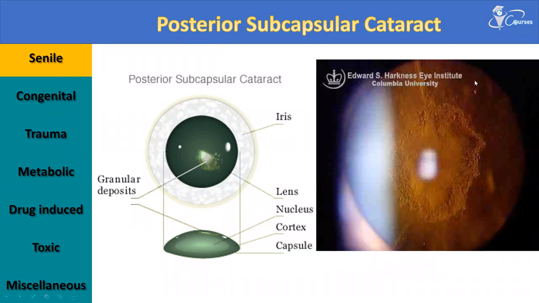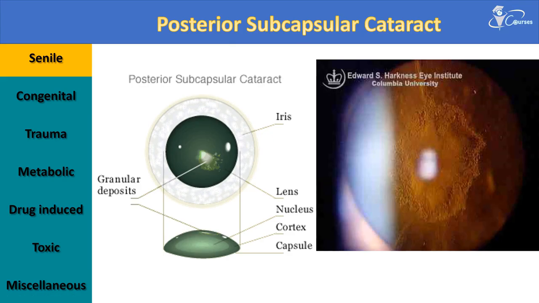Here the posterior subcapsular cataract is developing because of the loss of lens fibers and lens fiber nuclei, which become replaced by abnormal epithelial cells toward the posterior pole. These epithelial cells form clusters called balloon cells.